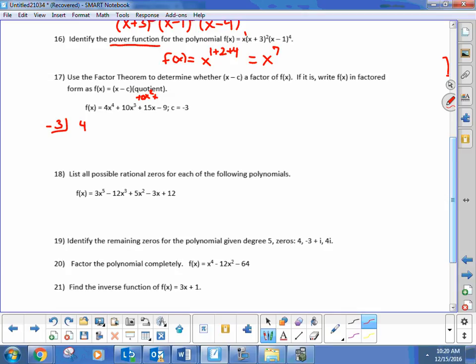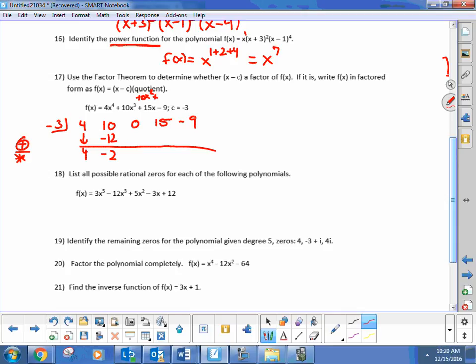So when I write this, write the coefficients 4, 10, 0, 15, negative 9. And what's important to keep in mind is that this is going to be my add row, multiply row. So if this is 4, I'm going to multiply it with the c value, so negative 3 times 4 is negative 12, and then this is the add row, so it's negative 2.